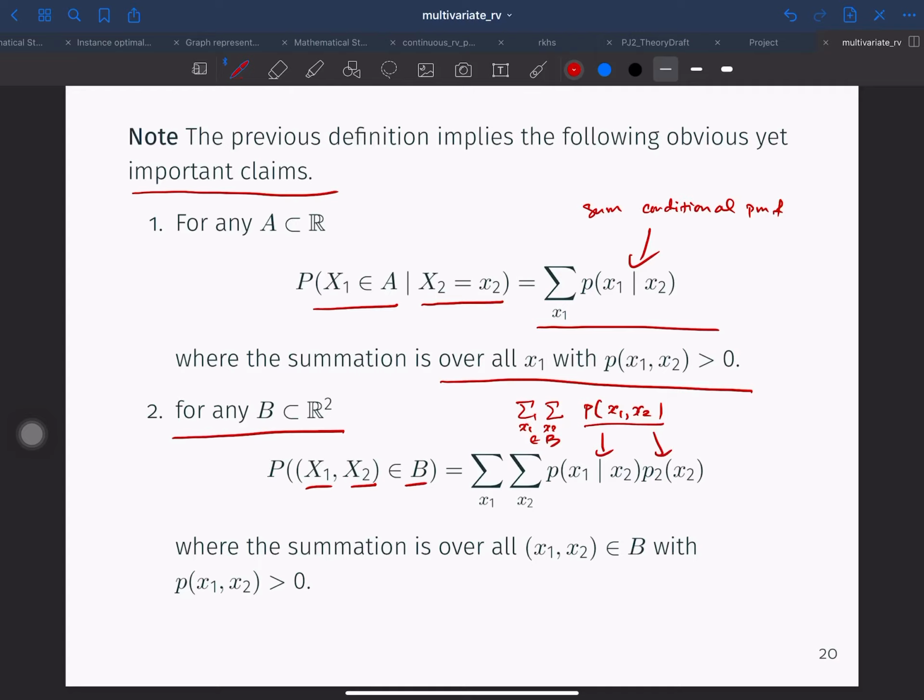So we have that formula here, where the summation is over all x1, x2 with the joint PMF not equal to 0. So those are obvious. But why do we cite these obvious properties? We will come back to it in a moment.